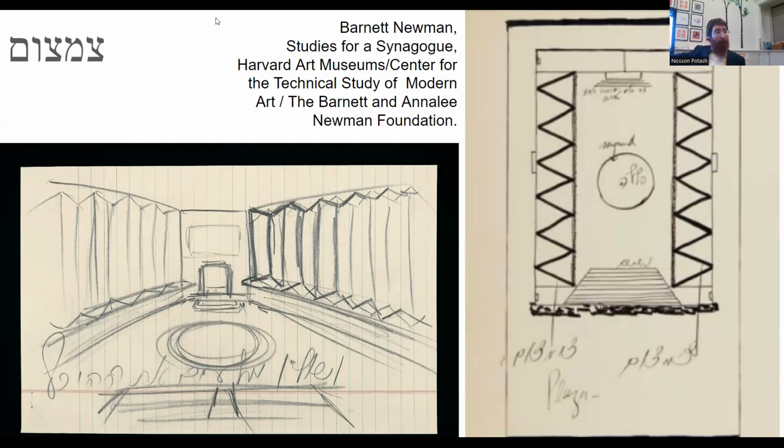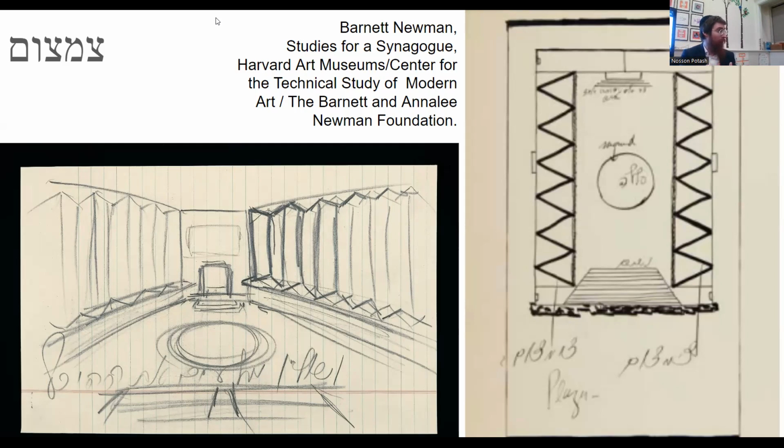This is a phrase from Isaiah, in the prophecy of Yeshaya, in which he sees an image of God, and the ends of the robes of God fill the temple. Right? So this is an image of God's presence in the holy place, right? And so we have this idea that Tzimtzum is a way for God to be revealed in the sanctuary.